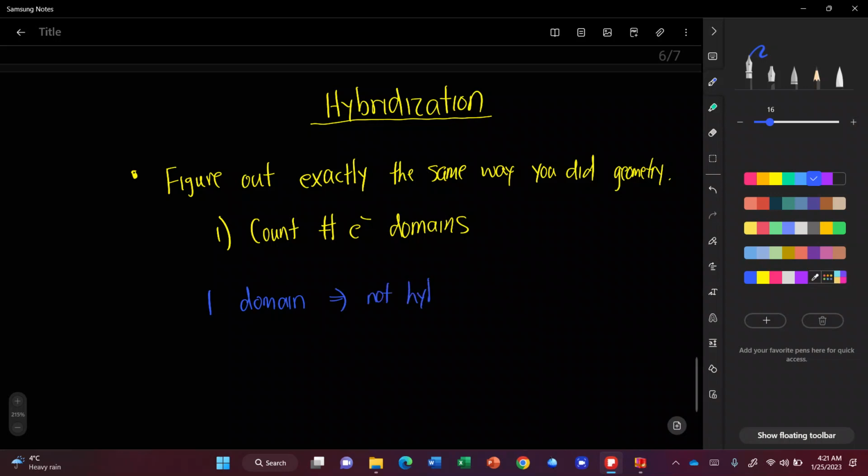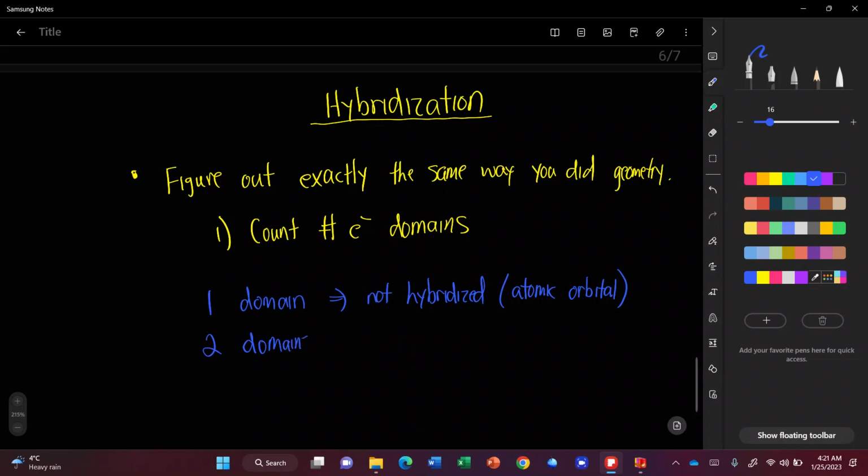If it only has one domain, by definition, it would be just a plain old atomic orbital. But I don't know if you'll ever actually encounter that. Let's actually talk about hybridized domains.